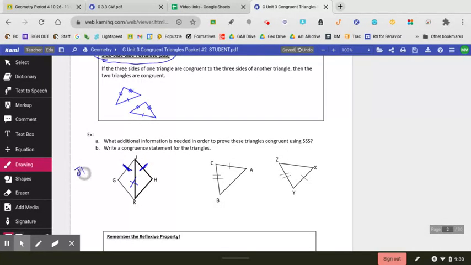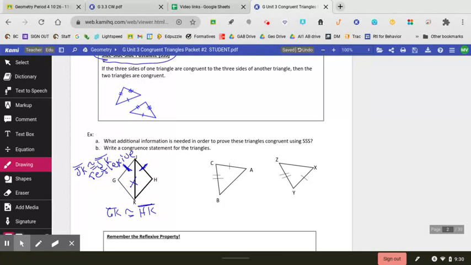So we know that JK is congruent to JK by reflexive. So what else would I need to know? Well, I would need to know that GK is congruent to HK. And then I could prove these triangles are congruent by SSS.